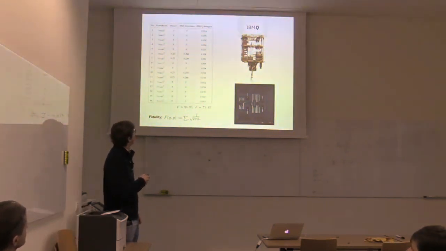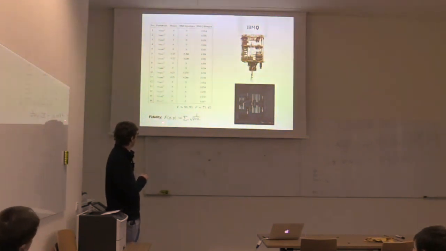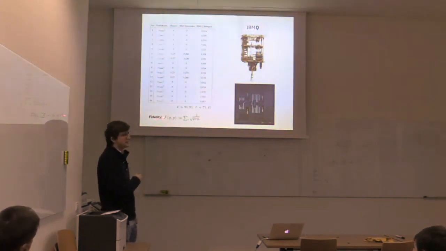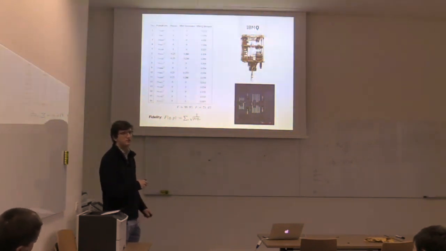The way to compare the predictions, the measured probabilities, with the theoretical results is to compute the so-called fidelity, and this fidelity for the experimental results is at the level of 70% in this case.